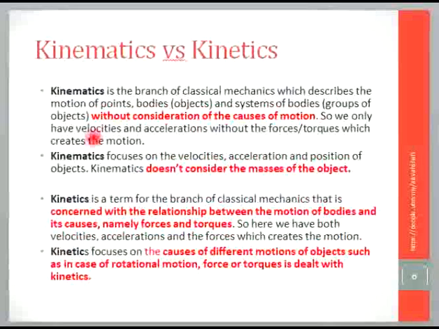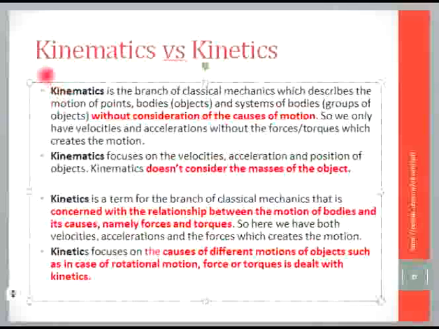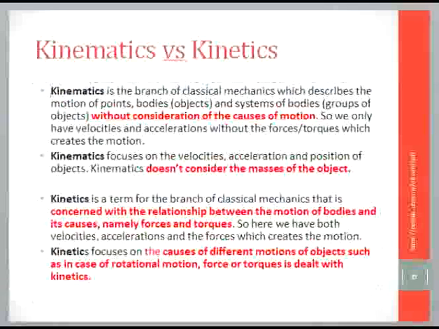We only have velocity and acceleration, without the forces or torques which create the motion.